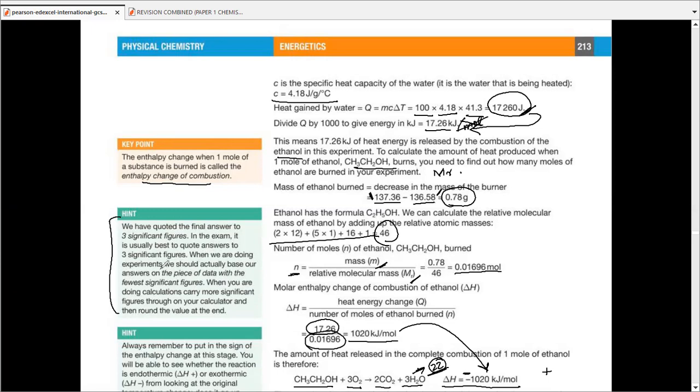You should write at least 3 significant figures with this kind of value, right? Also, don't forget the hint. If the reaction is exothermic and the temperature is increasing, we use a negative sign. And if the reaction is endothermic and the temperature is decreasing, we use a positive sign, as mentioned over here, right? As we just discussed.